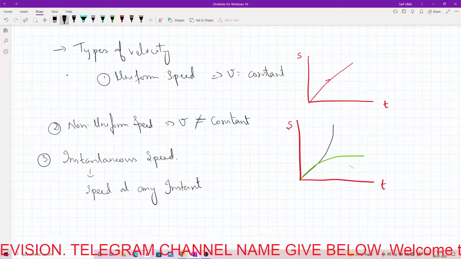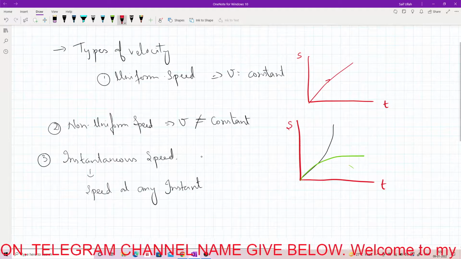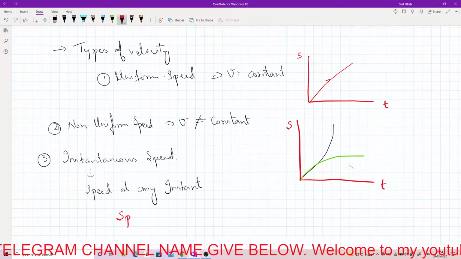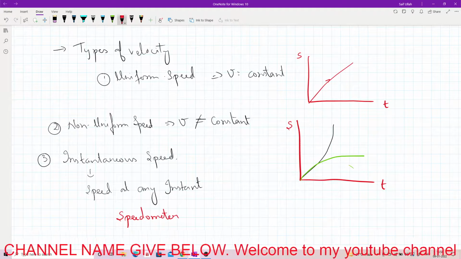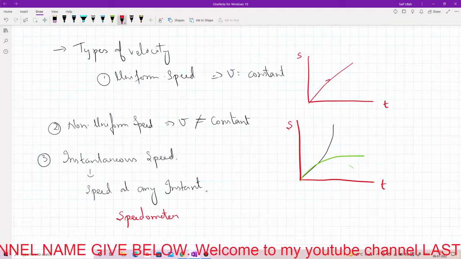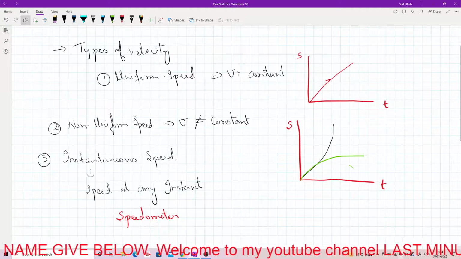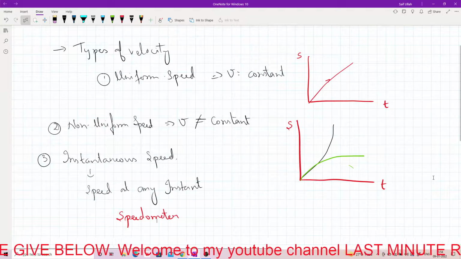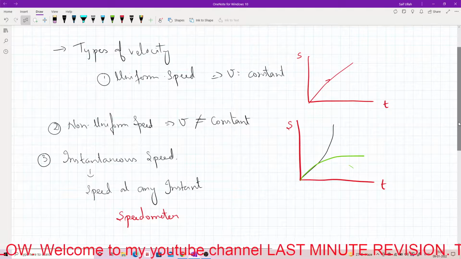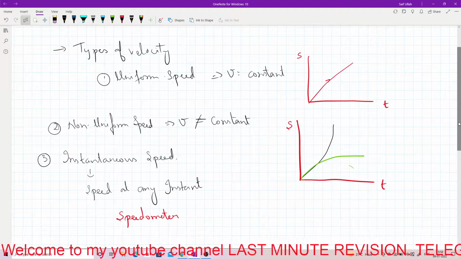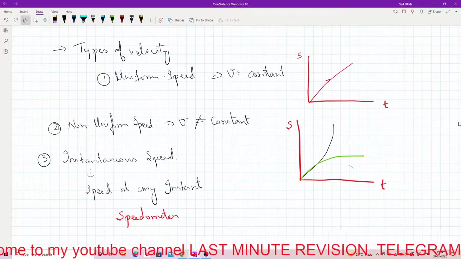The best example for this is the speedometer, which you have seen in vehicles. So this is the best example to find instantaneous speed. So what are the three types of velocities? Uniform speed, non-uniform speed and instantaneous speed.